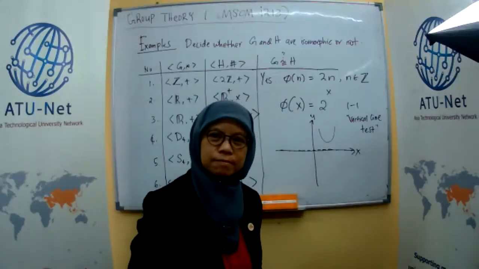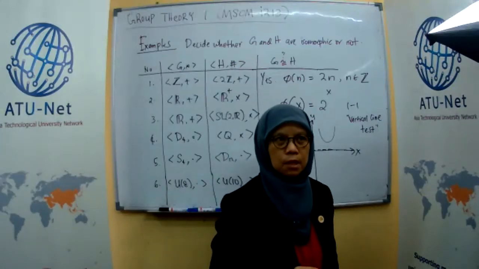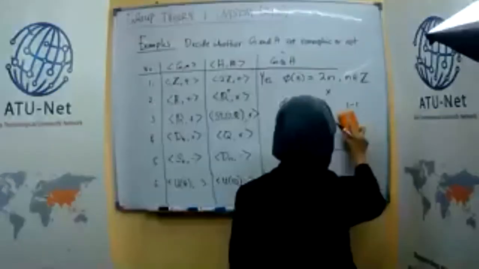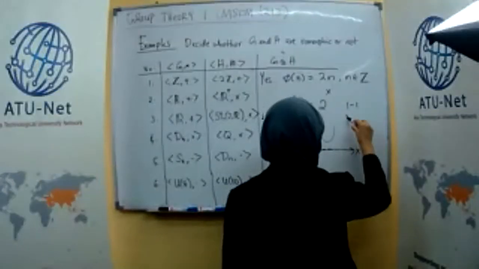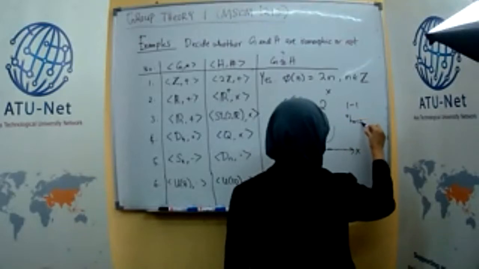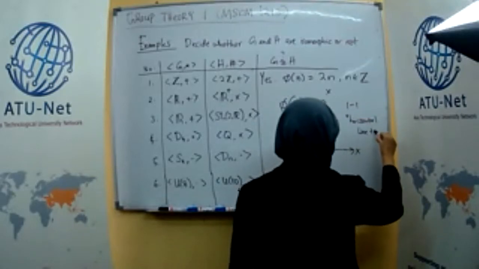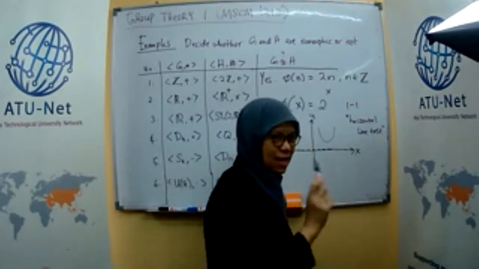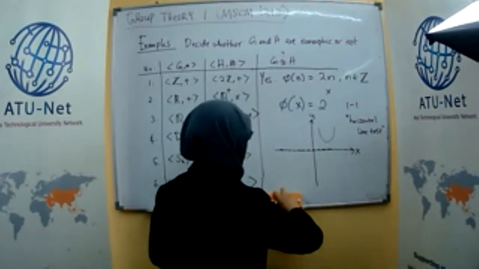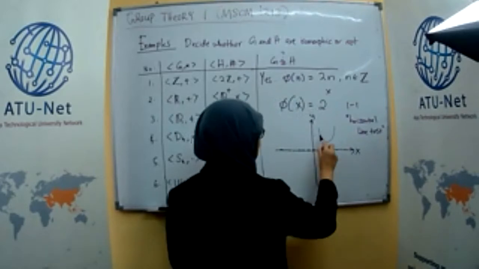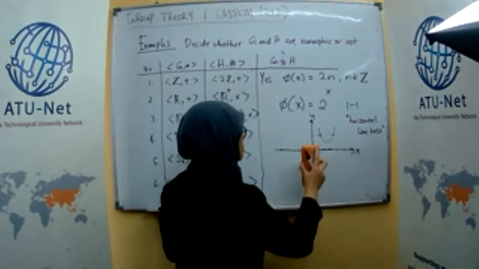No, sorry, this is for function. Take it back. Horizontal line test. Vertical is for function, okay? So this is not one-to-one, right?